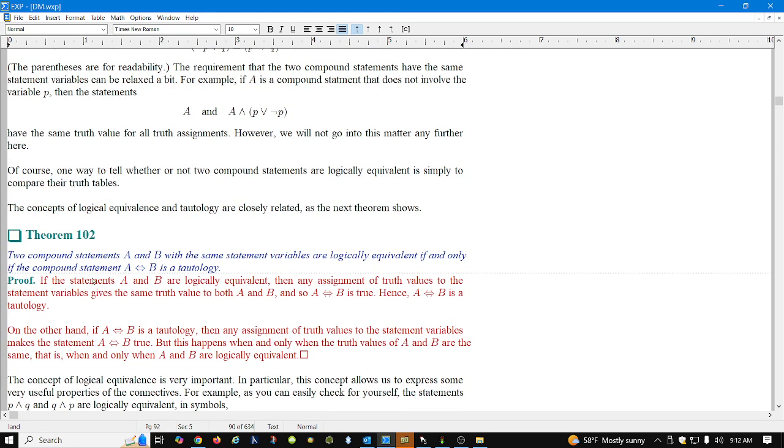So we have a theorem: two compound statements, A and B, with the same statement variables are logically equivalent if and only if this compound statement, A if and only if B, so it's the biconditional, is a tautology. And the proof is quite straightforward. I suggest you think about this before reading my proof here.